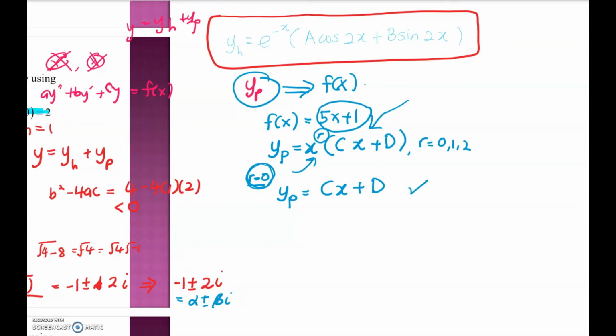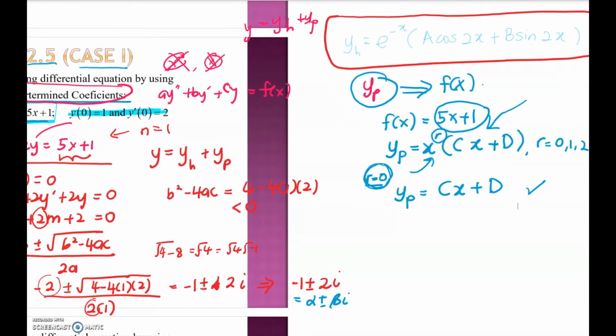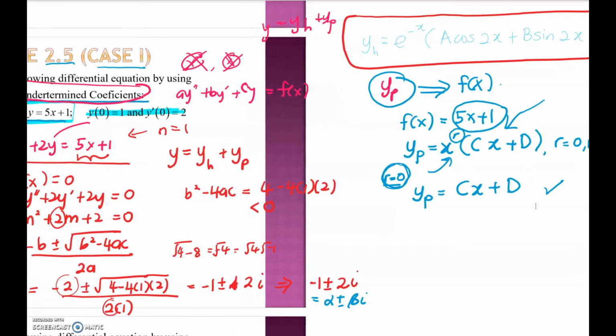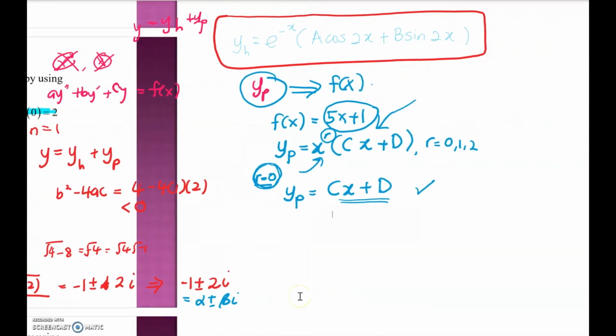Betul ke tidak? In order to know whether you have the right solution or not, you stop for a while after you do the assumption, and then you check whether this solution exists in your YH. Ada tak YP, apa-apa term in your YP which corresponds to your YH? Ada tak yang sama? For example, do you have CX in your solution here?